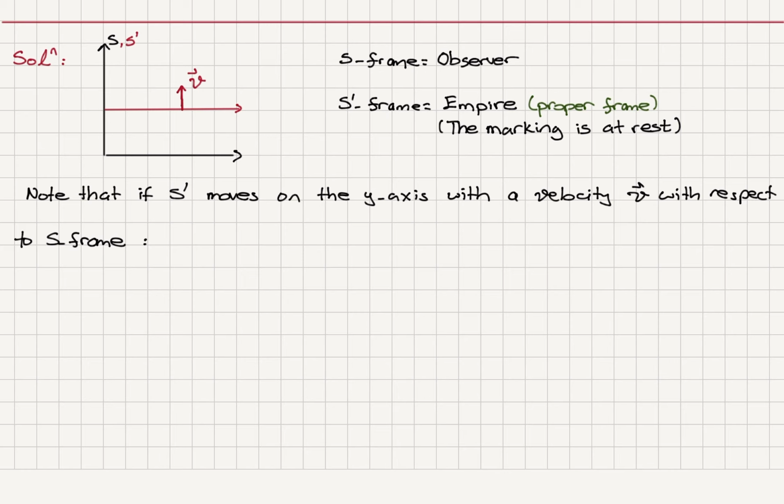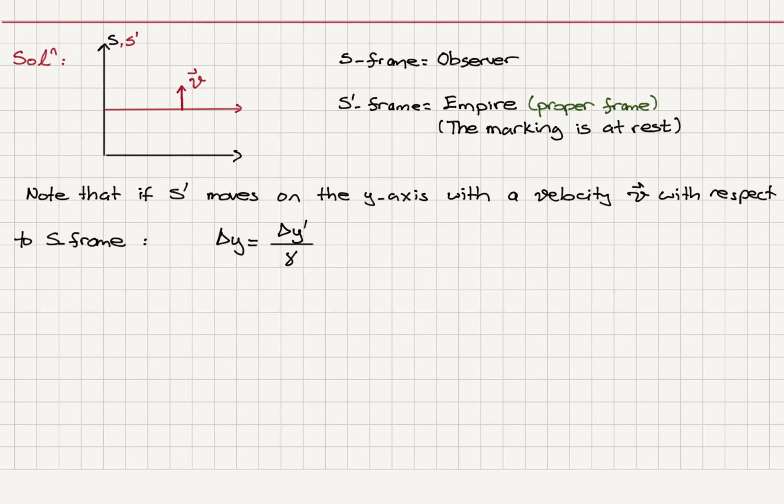So a delta y measured in the direction of the motion, relative motion of the two reference frames, is contracted so that the length measured on the S prime reference frame, delta y prime, will be divided by the relativistic correction factor gamma.